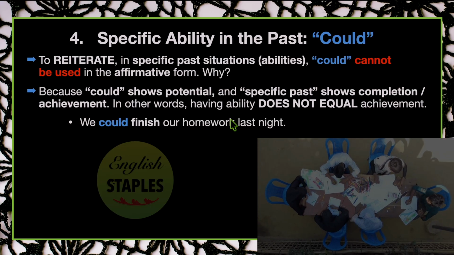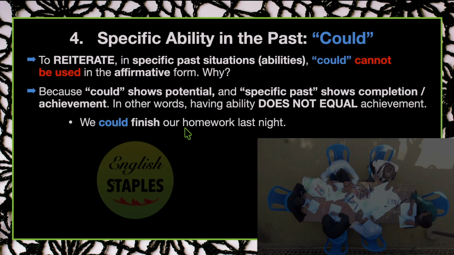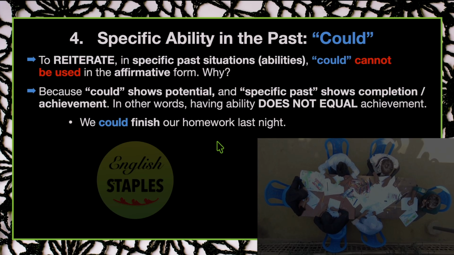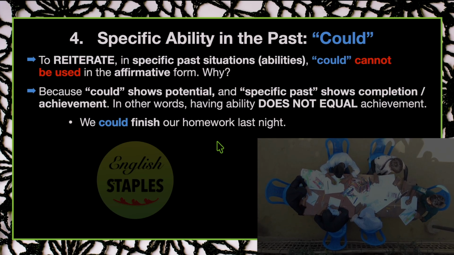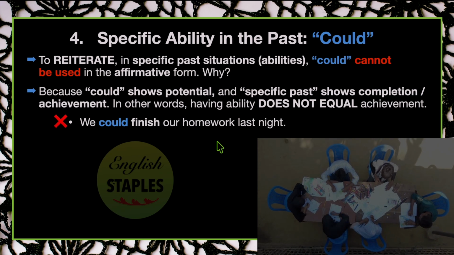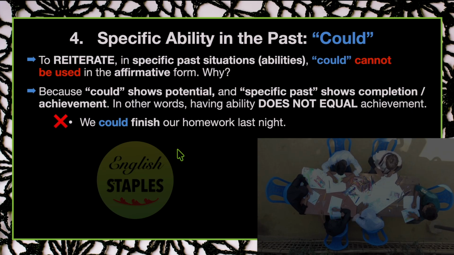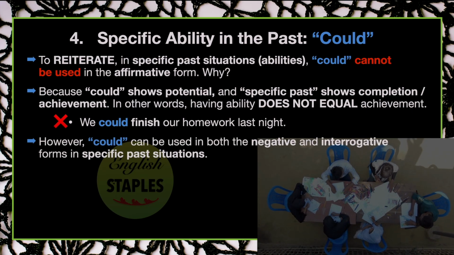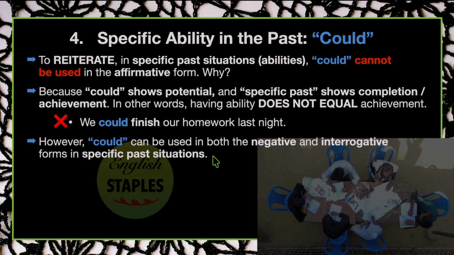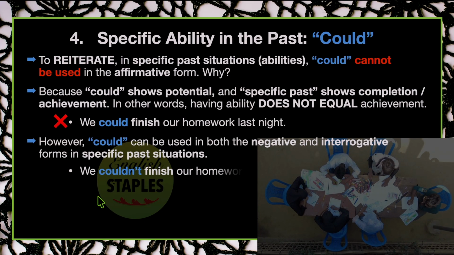We could finish our homework last night. But I'm expecting some more information there. So we can't say this. It doesn't work that way. So that's wrong. However, could can be used in both negative and interrogative forms in specific past situations.